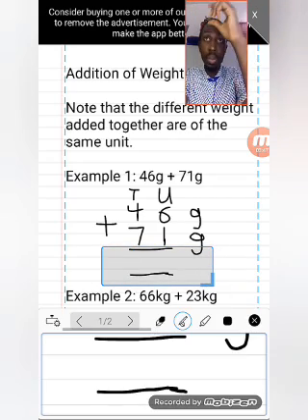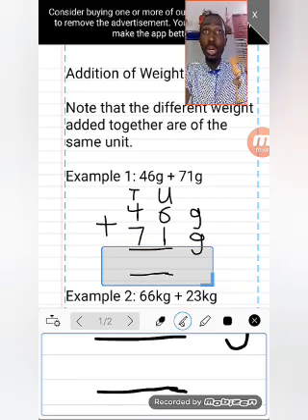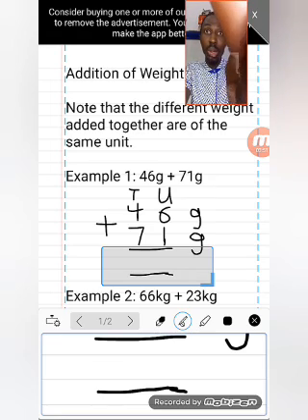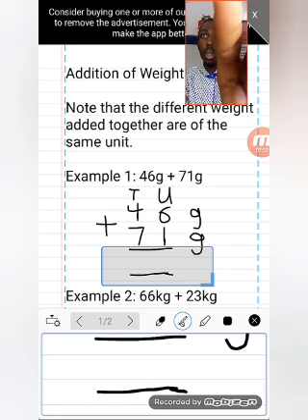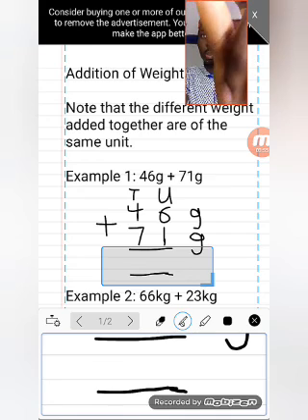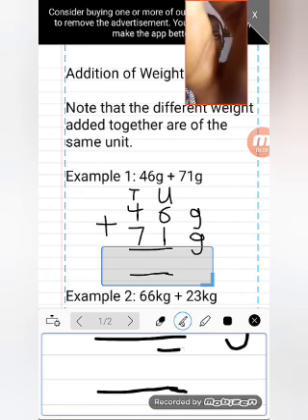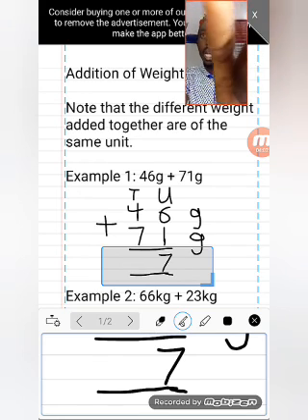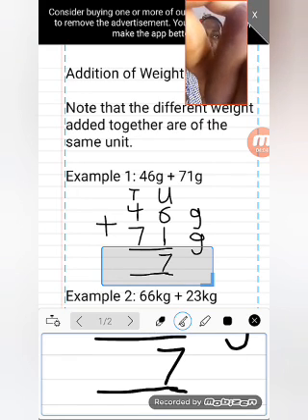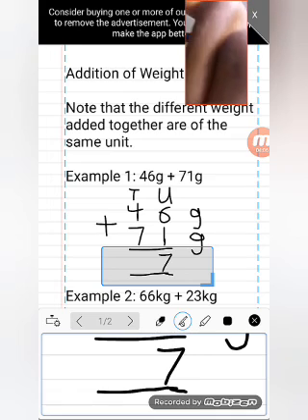we have to do is, remember, you add your units first, the digits under your units first. So let's add 6 plus 1, count it, that is 7. Then 4 plus 7, count it, and that would give you 11.